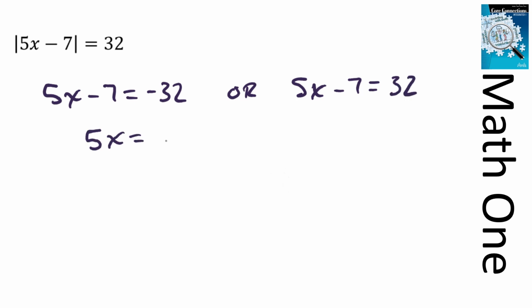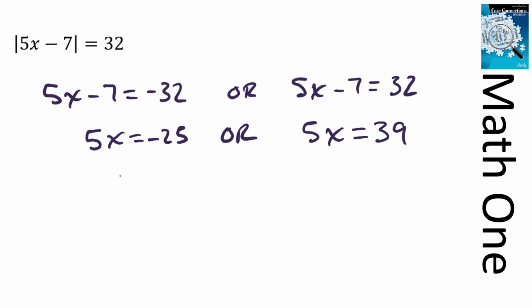So 5x is equal to, negative 32 plus 7 should be negative 25. Or if I add 7 here, oh my gosh, 7, 8, 9, it would be positive 39. So 5x is equal to positive 39.